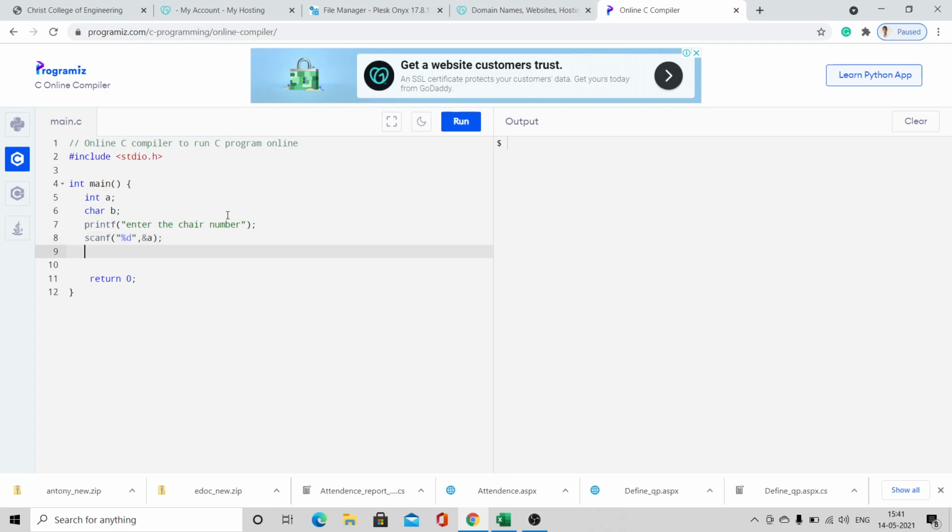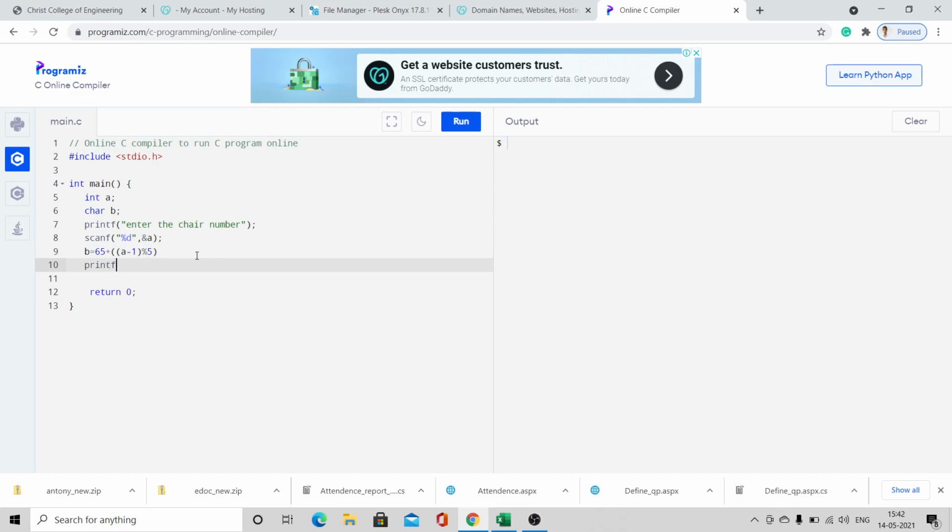For getting the value in b, I'll be doing 65 plus (a minus 1) mod 5. I hope it is clear.